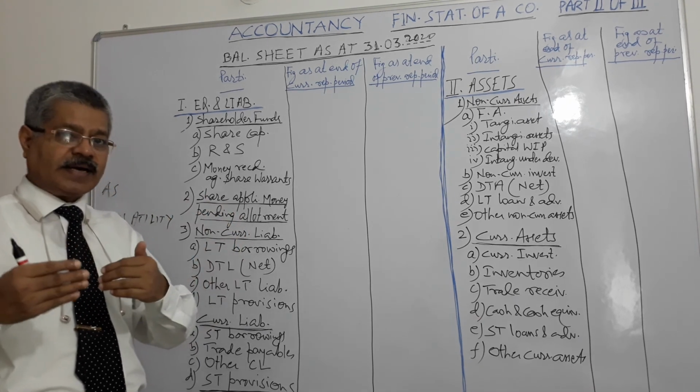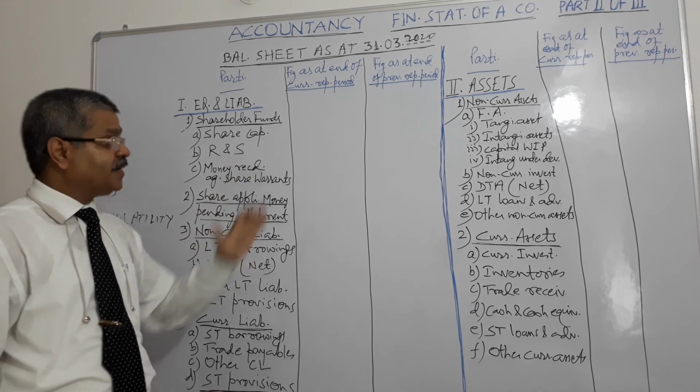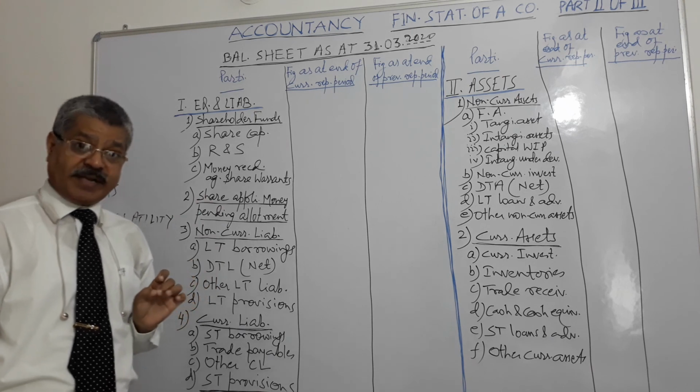Then the next 12 months installment, 20 lakhs, will come under current liabilities as on 31/3/2020.